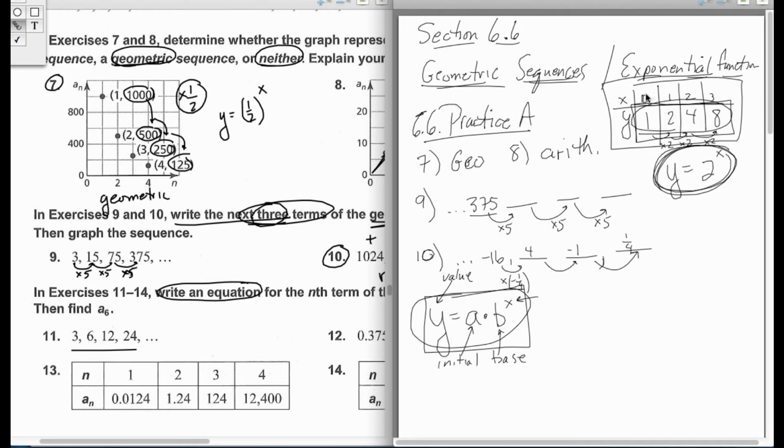So you'll notice here, ladies and gentlemen, I'm going to write this equation as y equals 1 times 2 to the x. Alright? It's the same thing as 2 to the x. 1 times 2 to the x. So notice, when x is 0, y is 1. That right there is your starting number.